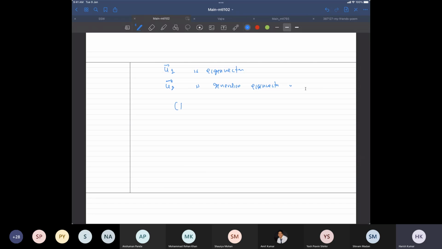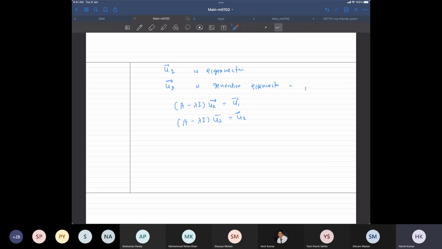So u2 will be A minus lambda I u2 is equal to u1, and similarly u3 will be something like this.